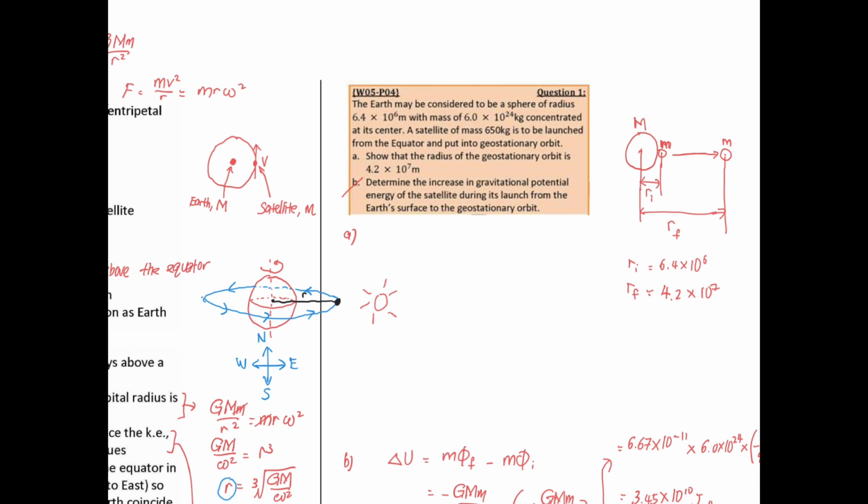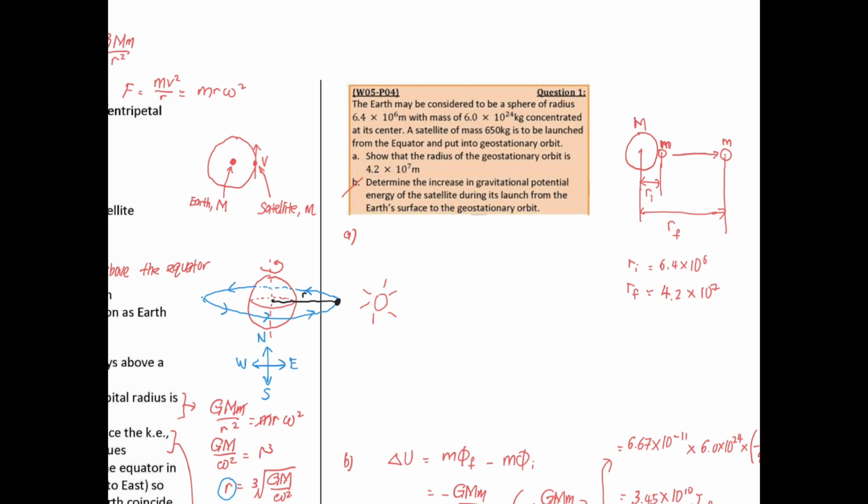Okay, what they ask here, we see part A straight away. Show that the radius of the geostationary orbit is 4.2 times 10 to the power of 7. So this is what we discussed just now, saying that R is a fixed value.